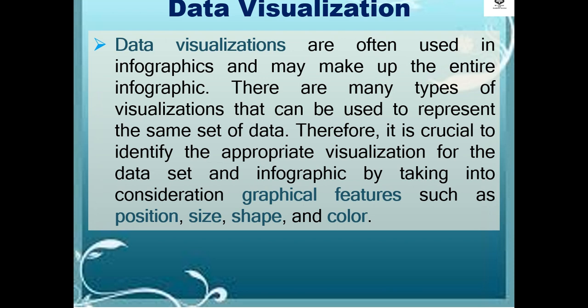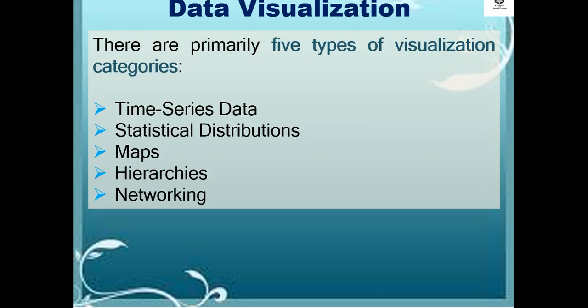Therefore, it is crucial to identify the appropriate visualization for the dataset and infographic by taking into consideration graphical features such as position, size, shape, and color. There are primarily 5 types of visualization categories such as time series data, statistical distributions, maps, hierarchies, and networking.